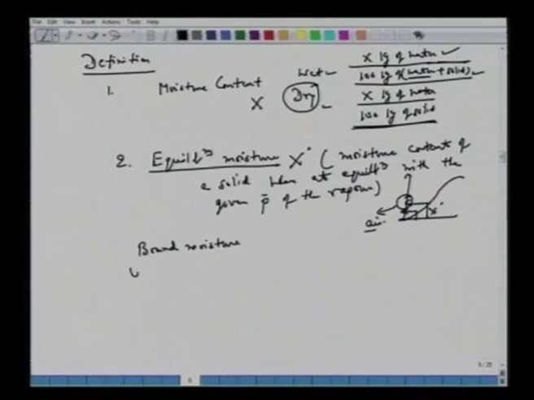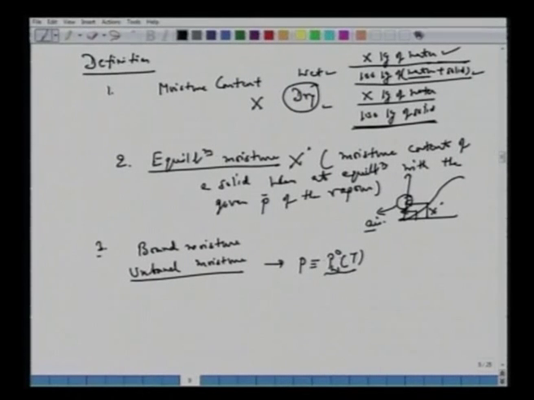And we talked of unbound moisture. So maybe that's number 3. Unbound moisture: the partial pressure of vapor at the solid surface is the same as P0T, the vapor pressure of pure water.